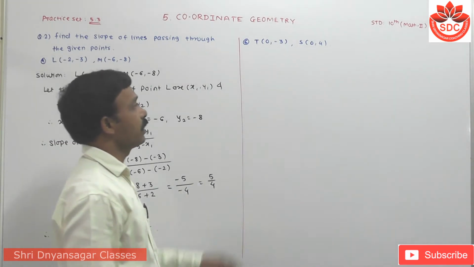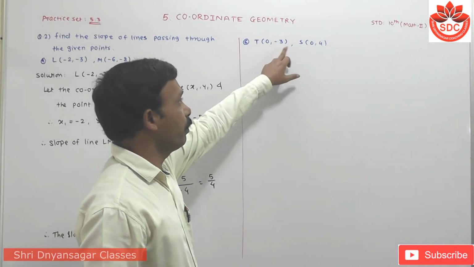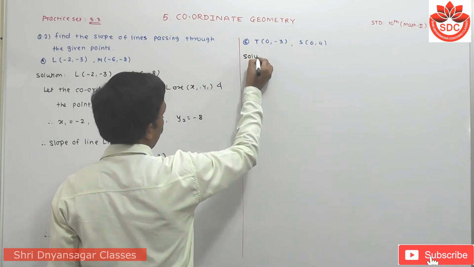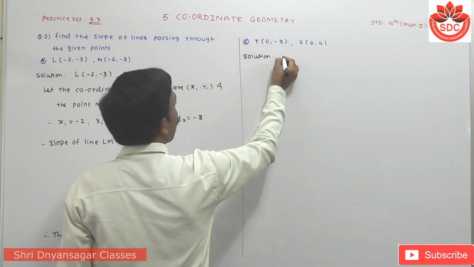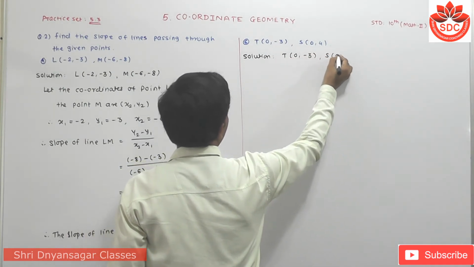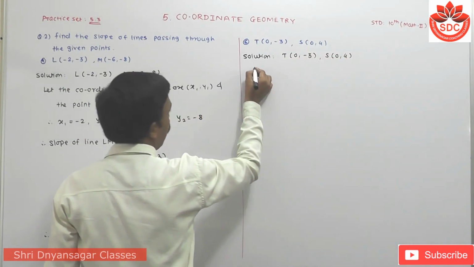Then sub question number 6. T having coordinates 0 and minus 3 and S is 0 and 4. Its solution is: T having coordinates 0 and minus 3 and S having coordinates 0 and 4.